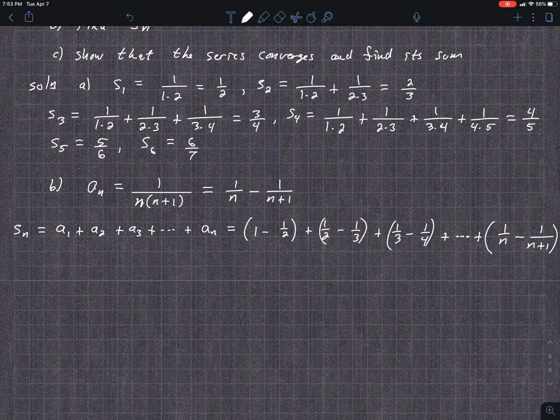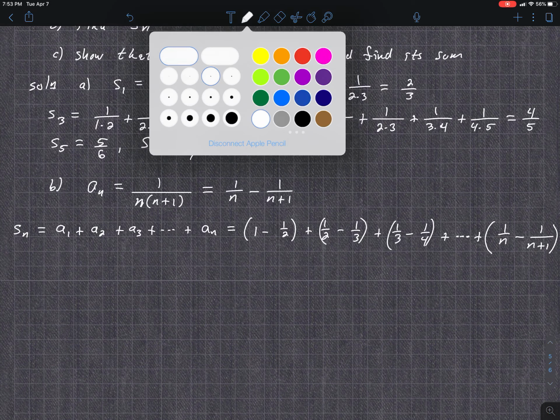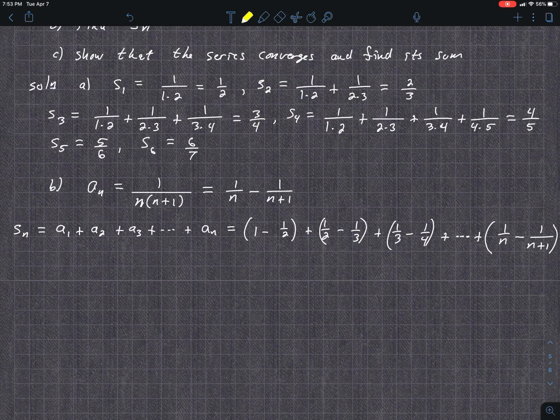So all of that will simplify and reduce down. If you regroup, we see all the numbers except the first and last annihilate each other. Negative 1/2 plus 1/2, so all of these are gone.